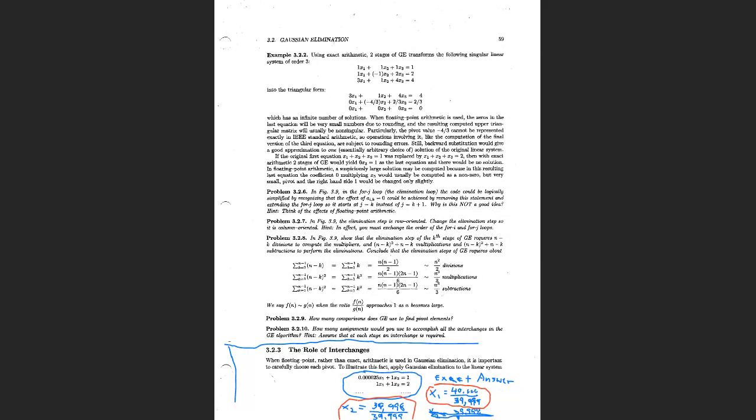So if we were to say, hey, we want the computer to do that too, the computer would use the 0.000025 as its pivot. If we program the computer to use the smallest number as its pivot, okay?